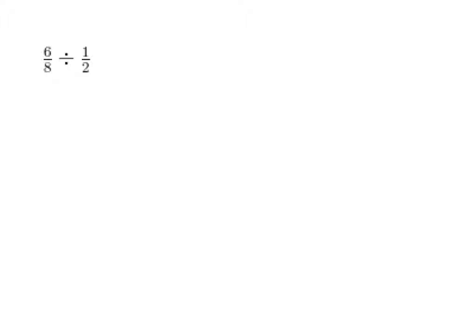Okay, so if we're going to do 6/8 divided by 1/2, I can rewrite that as 6/8 times and then flip that second fraction to be 2/1. Okay, so now it's a multiplication problem, and if you notice, I got a 2 and an 8. I can take a 2 out of both of those. Okay, and then I also, you look at this, I've got a 6 and a 4.